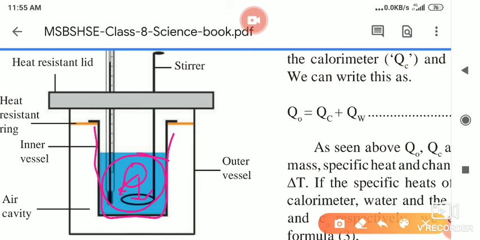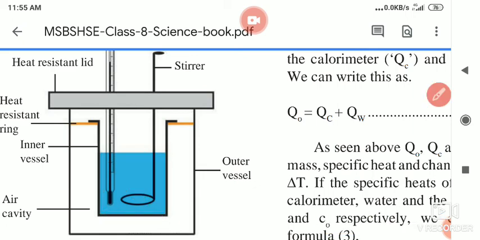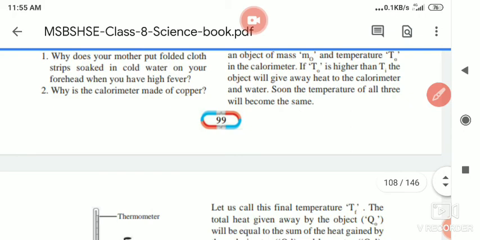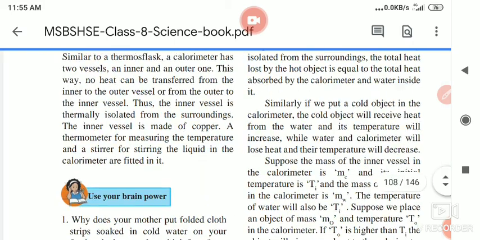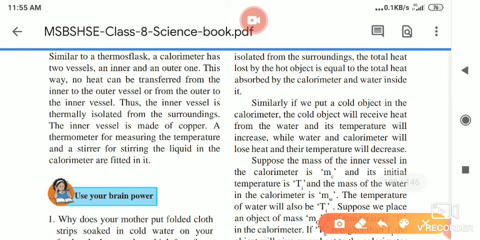Understood now? The heat absorbed by the calorimeter and the heat absorbed by the water is equal to the heat lost by the hot object. Now the next point is the same thing: calorimeter and water inside. So the total heat lost by the hot object is equal to the total heat absorbed by the calorimeter and the water inside it.